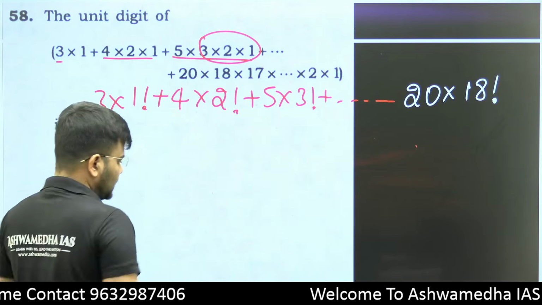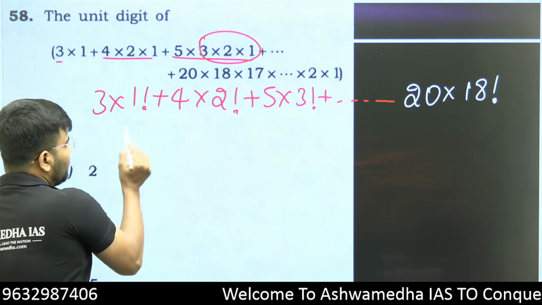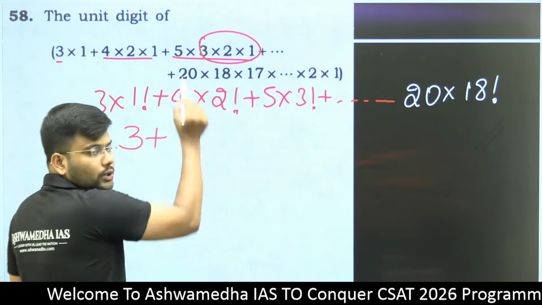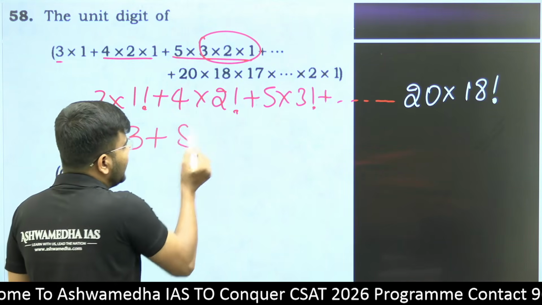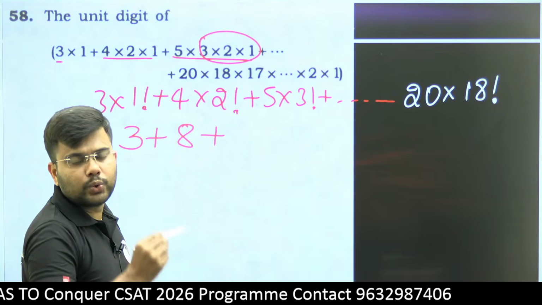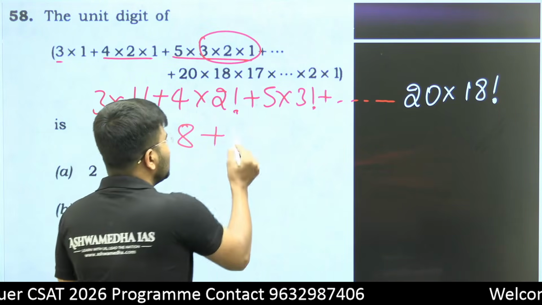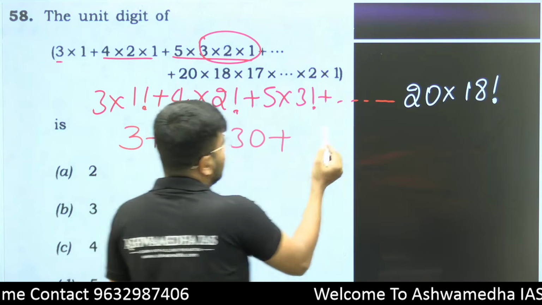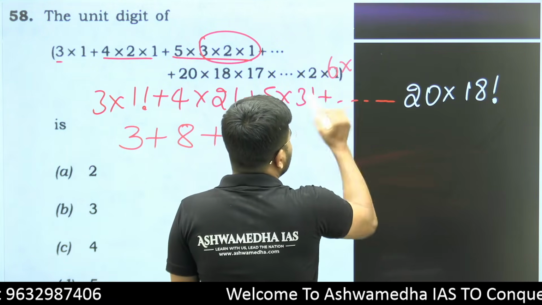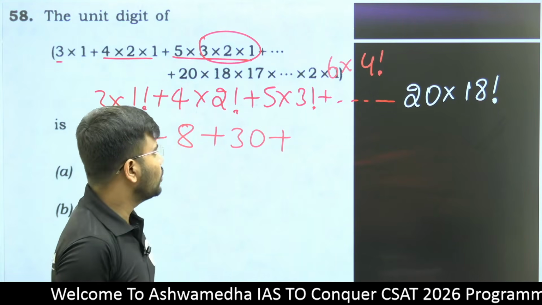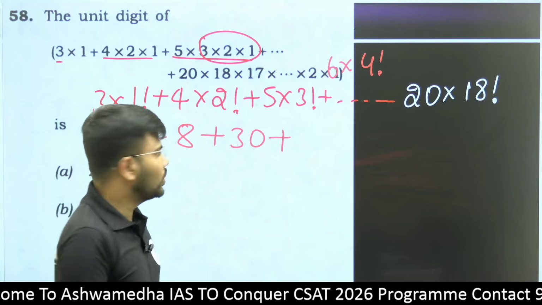That is, let's see the unit digit. 3 into 1 factorial, 3. Here it is plus, not multiplication. 4 into 2 factorial is 2, 4 2s are 8, plus 5 into 3 factorial is 6, 6 5s are 30, plus again one more number comes, that is 6 into 4 factorial. 4 factorial would be 24, 24 into 6 is 144.